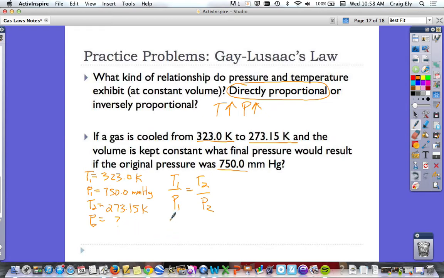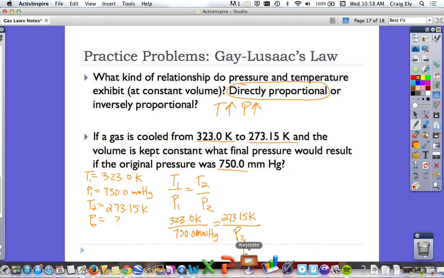So we have 323.0 Kelvin over 750.0 millimeters of mercury equal to T2, which is 273.15 Kelvin over P2. So that's what we're solving for.